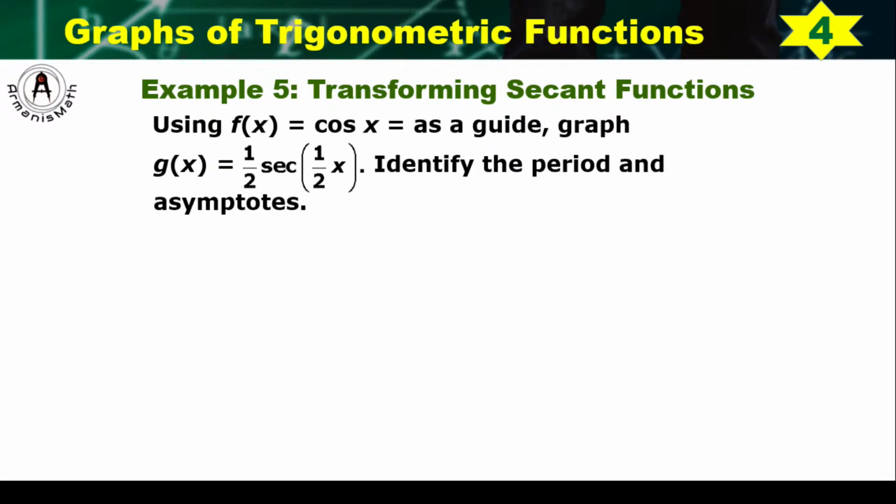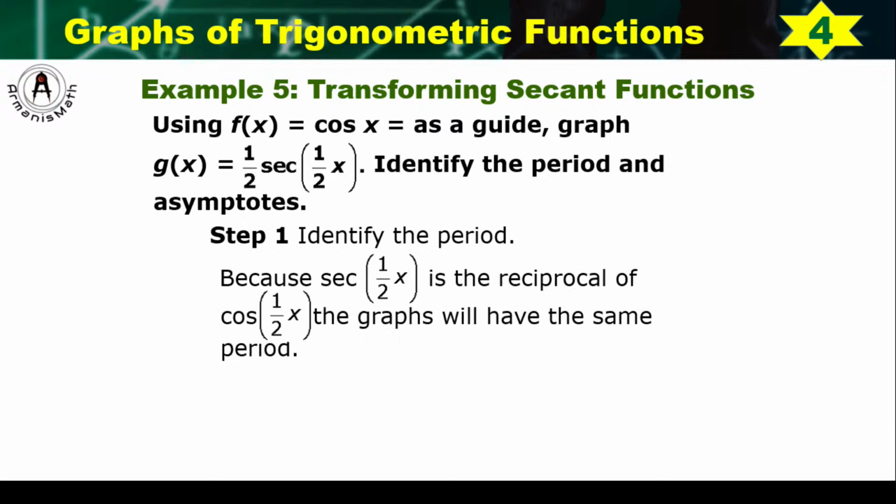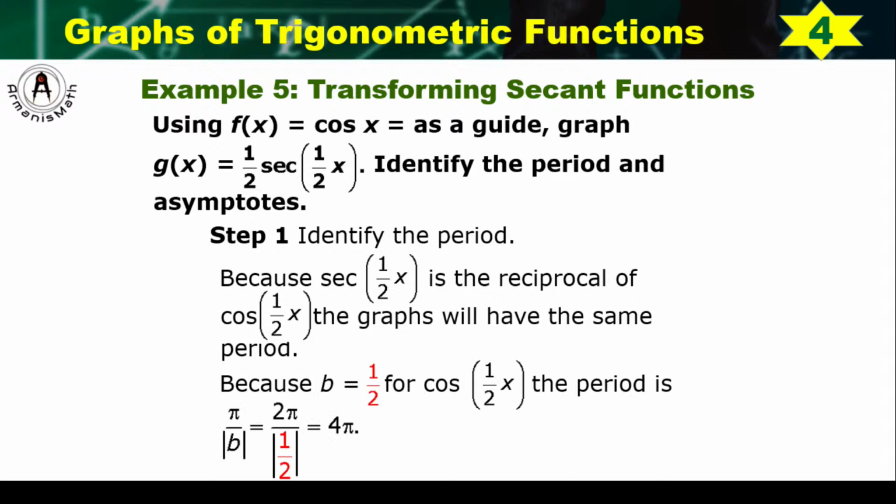This one says using f of x as cosine, then graph the secant function. Obviously, the secant is a reciprocal of cosine. So I have 1/2 secant, 1/2 x. Identify the period. Because secant is 1/2 x, it's a reciprocal of the cosine of 1/2 x with the same period.